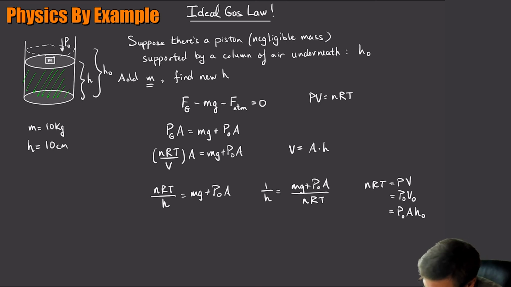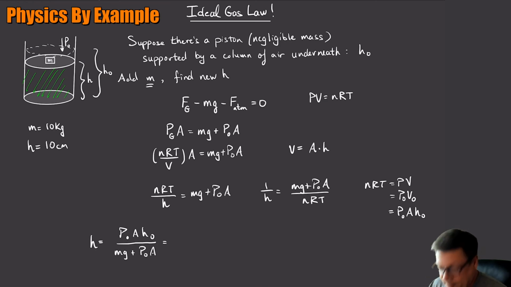Okay, so what we've got is that nRT is just P naught A h naught. That'll be really handy. So let's plug that in over here. So we've got h is equal to, if I flip that equation over, nRT, but we said that was P naught A h naught, divided by mg plus P naught A. Let's divide everything by P naught A. That's going to make things a lot easier.